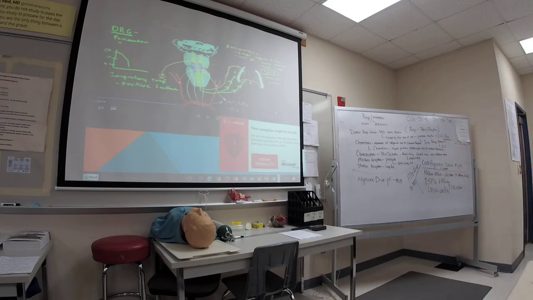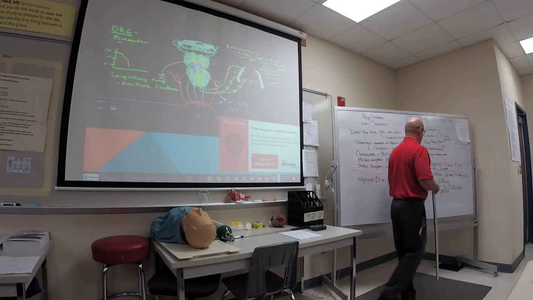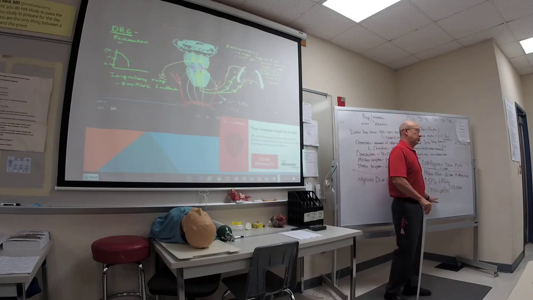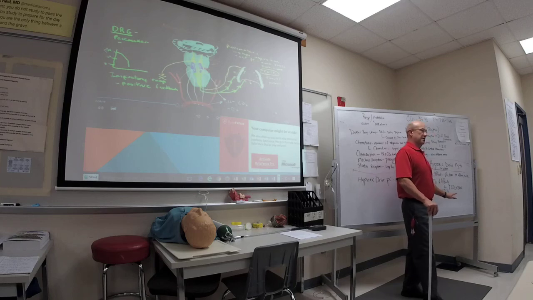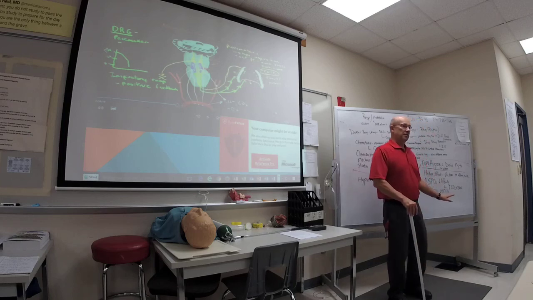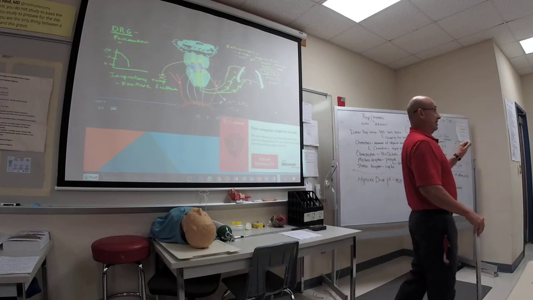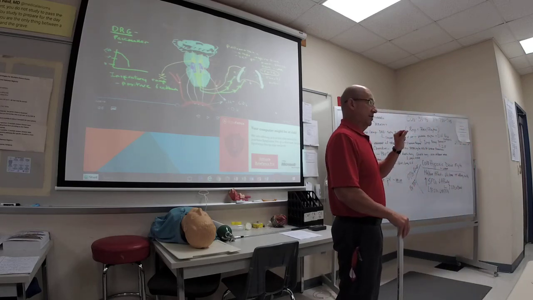Does that make sense? So if we do that to this patient that's already really acidic, okay, then what's killing this patient or what's making them stop breathing is not the amount of oxygen, but the amount of CO2. That's a big difference, okay?